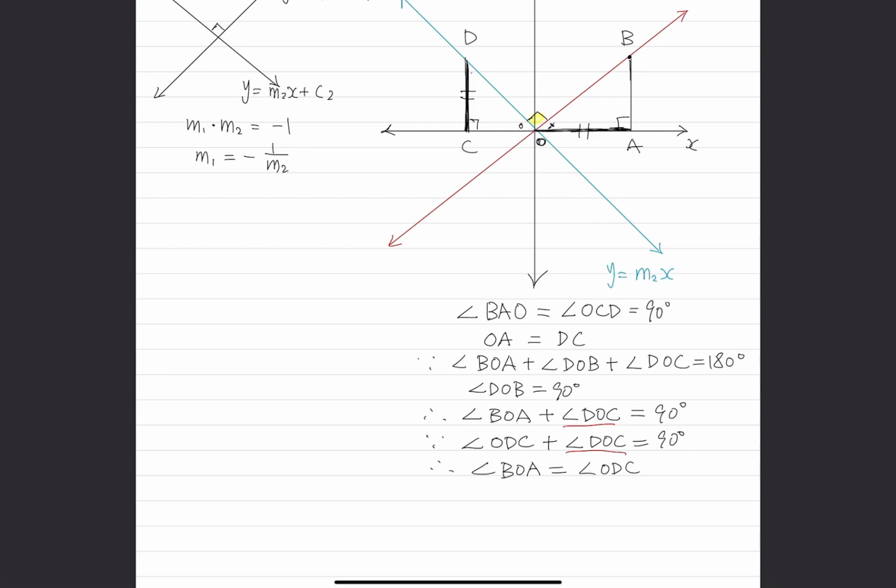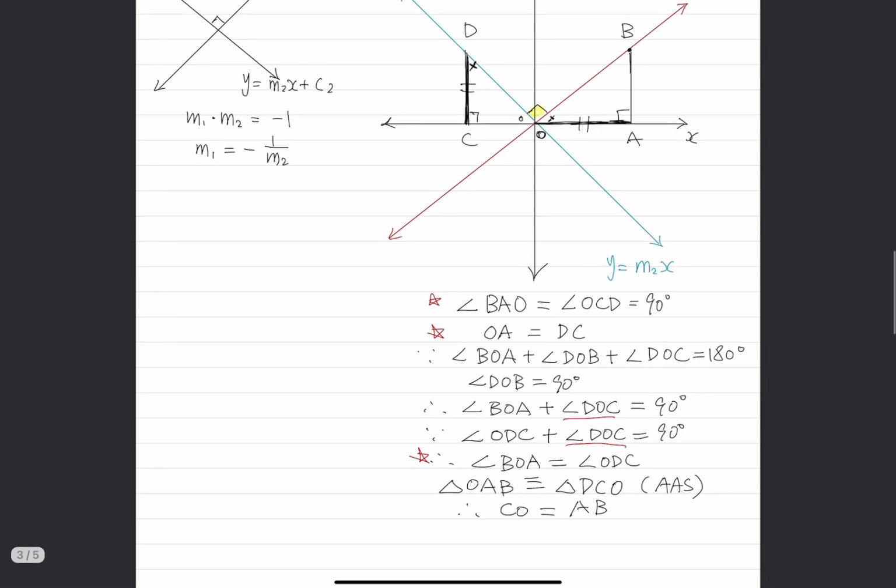So these two are equal. Now we've got a pair of angles, a pair of sides, and a pair of another angle. So we can say triangle OAB is congruent to triangle DCO, using AAS, which is a testing method. Since the two triangles are congruent, therefore CO is equal to AB. This is what we're trying to find.